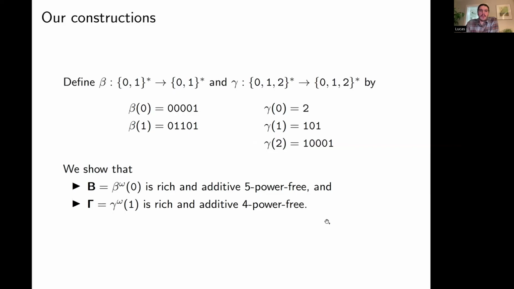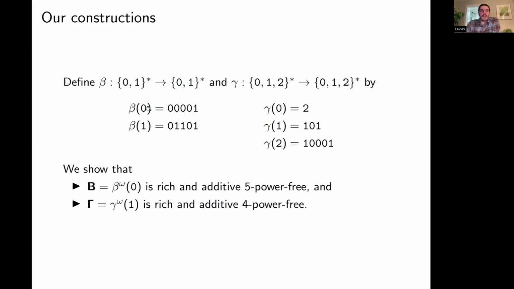What's special about these morphisms, what allowed us to complete the proof, is that when you look at the images of the letters, the length and the sum of the images are linear functions of the letters themselves.